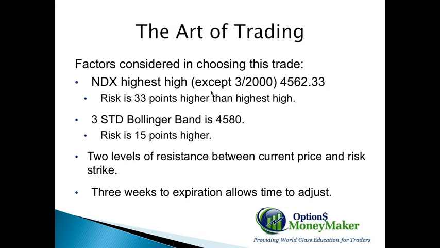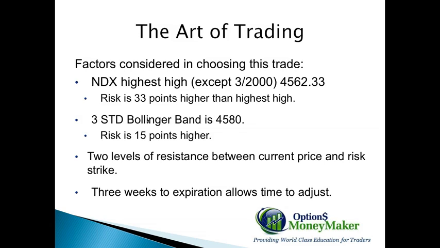With the exception of the month of March of 2000, it's actually the highest all-time high. So that doesn't guarantee us anything. It doesn't guarantee that the index isn't going to move higher, but placing it 33 points outside the highest high that the index has achieved in 15 years says there's some natural resistance out at that price level.